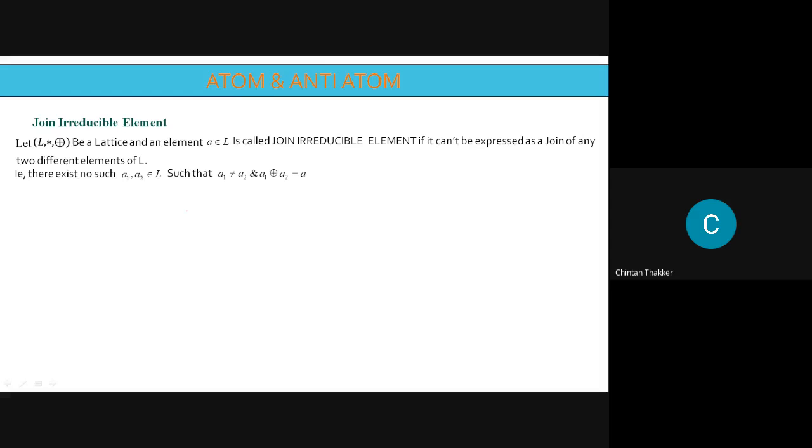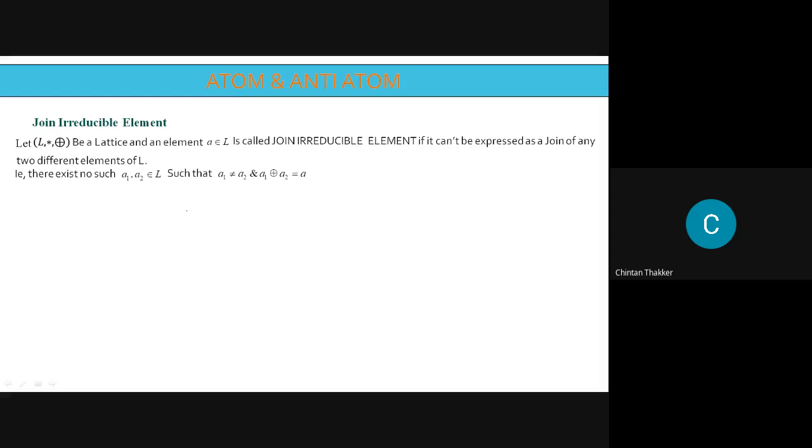Join of any two different elements of L means LUB of any two different elements. If any element cannot be written as LUB of any two different elements of L, then it is called join irreducible element.